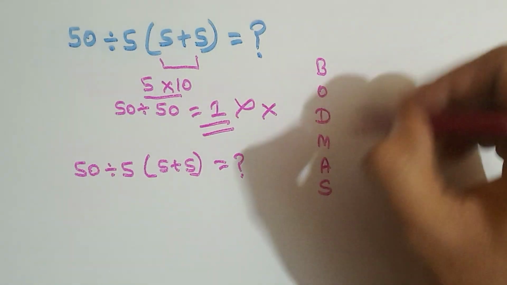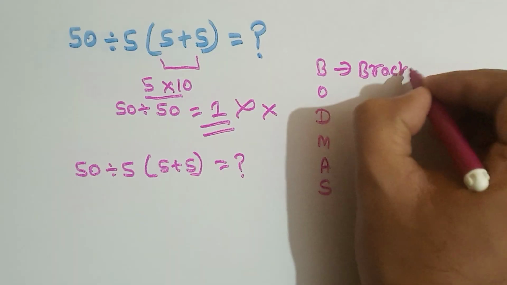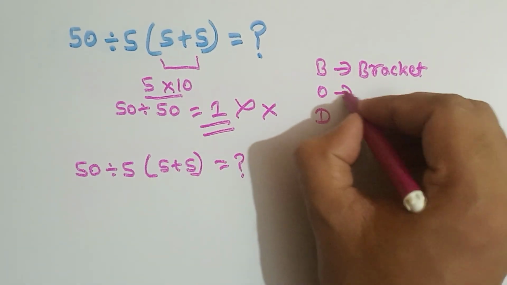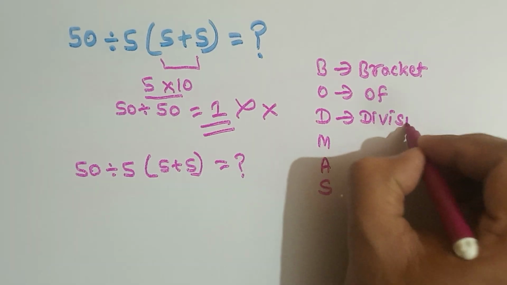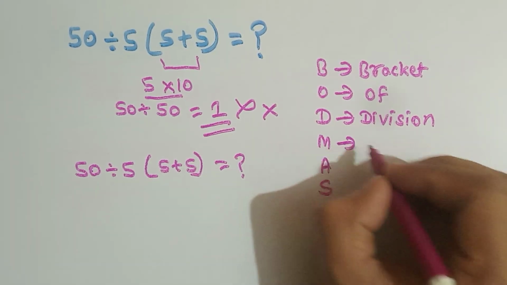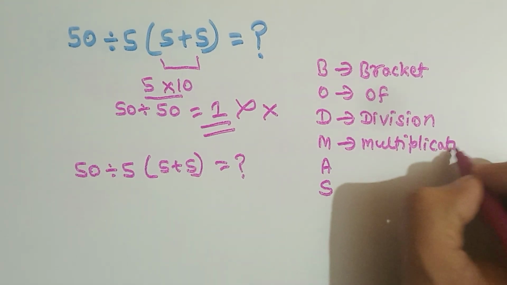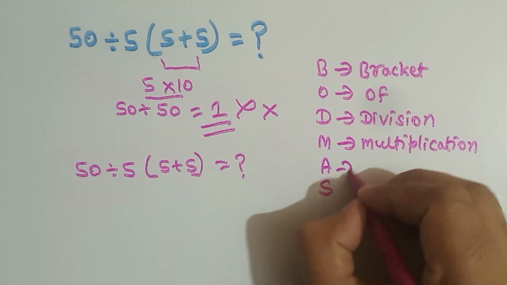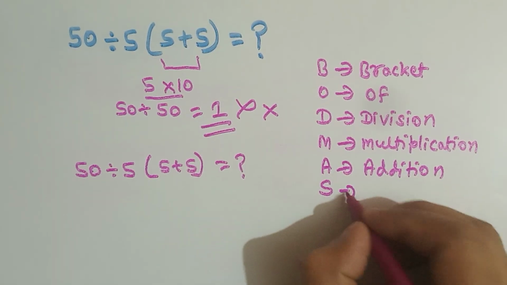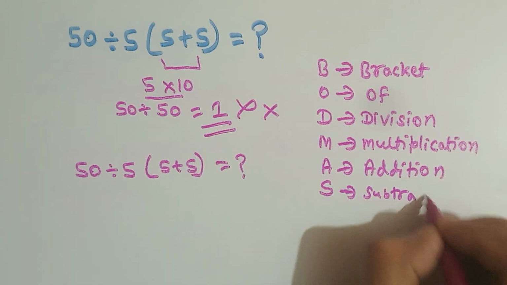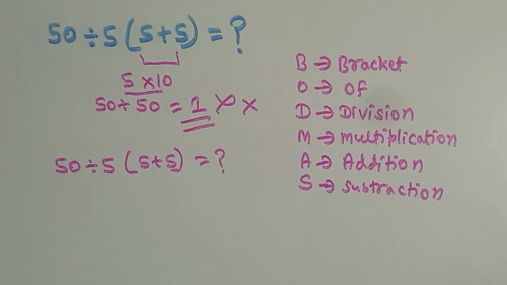B stands for bracket, O stands for of, D means division, M is multiplication, A is addition, and finally S means subtraction, right? So this is the rule for solving this type of question.